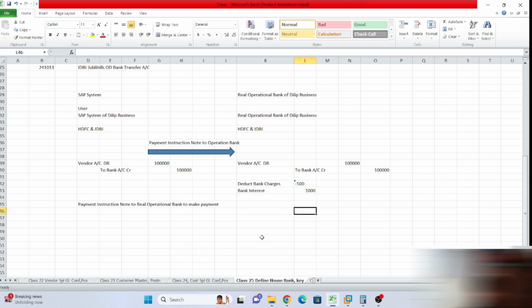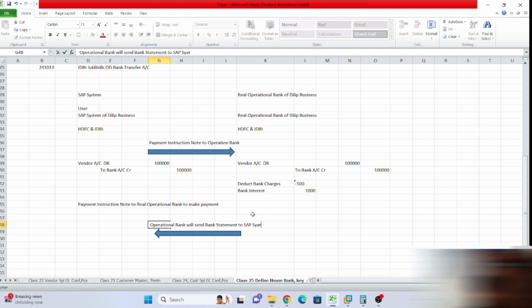And the operational bank will send the bank statement to the SAP system to do reconciliation.